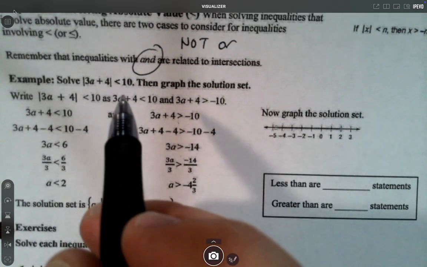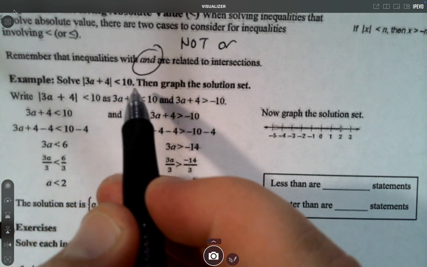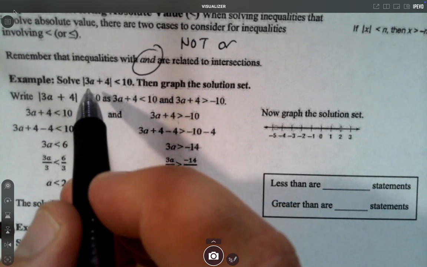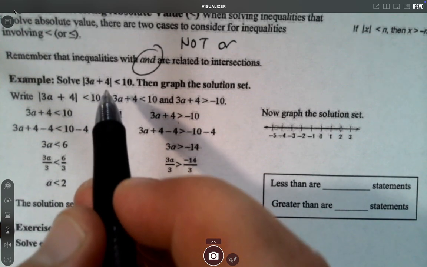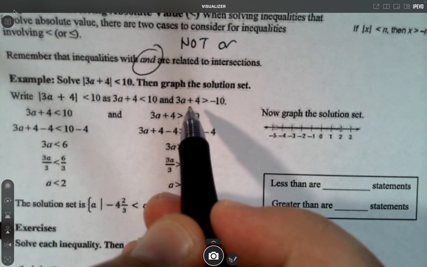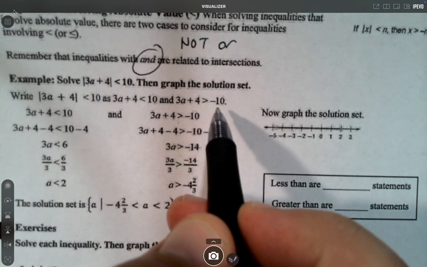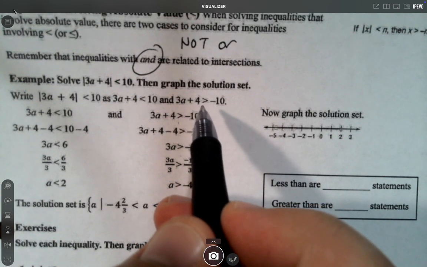But let's go ahead and talk about the other scenario. So one scenario is that we just rewrite the inequality just as it is, but without the absolute value signs. The other scenario is we write 3a plus 4 just the same way, but we switch both the sign of the answer, just like we did with the equations, and the direction of the inequality sign.